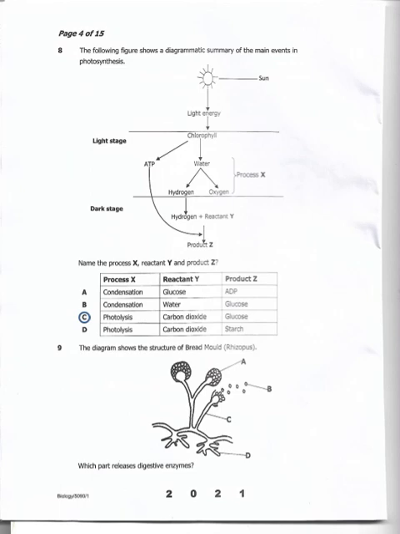Here the answer is Z, none other than D. This part is where the digestive enzymes are produced, since the Rhizopus gets its food externally from decaying bodies, hence digestive juices are released to break down the complex molecules to smaller ones so that they can be absorbed.